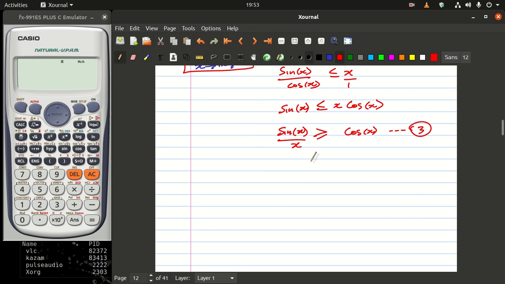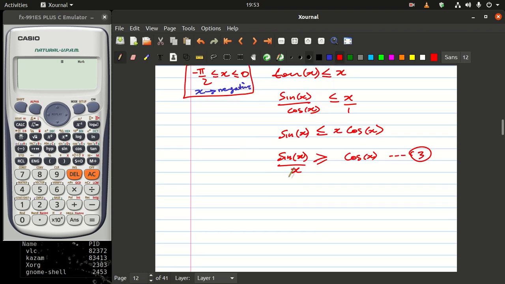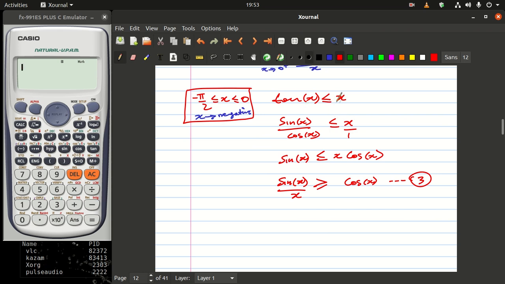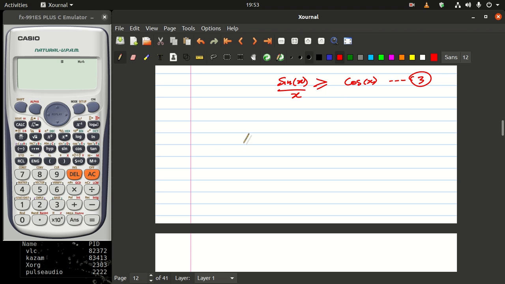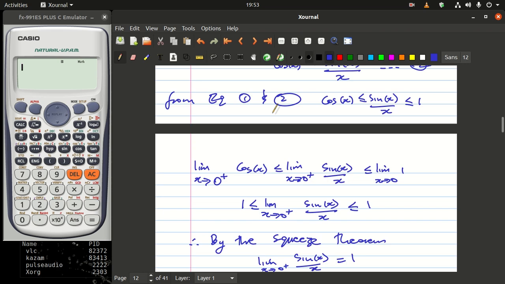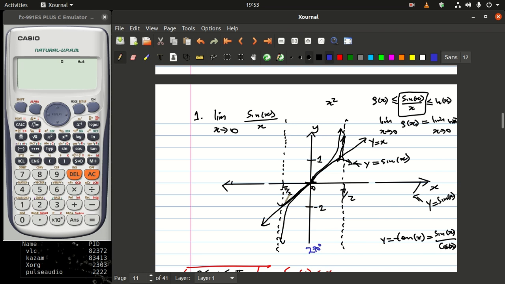Now, again if you look into this region, we talked about tan and x. Now we have to talk about x and sine. So I'm looking at sine now. Sine of x is always bigger than or equal to x because it is above. Sine is this one.